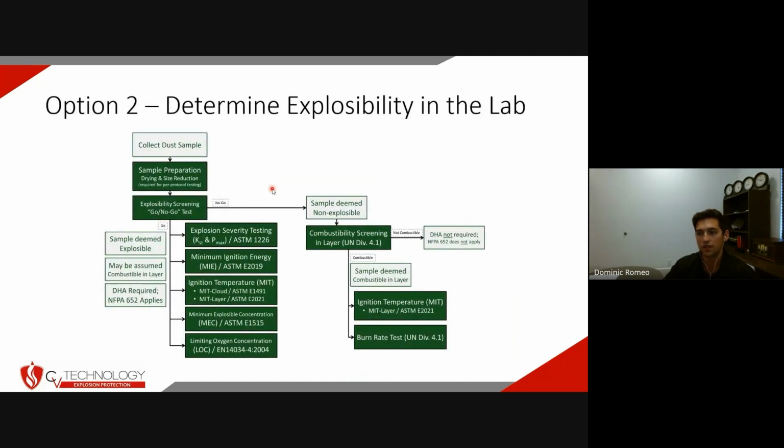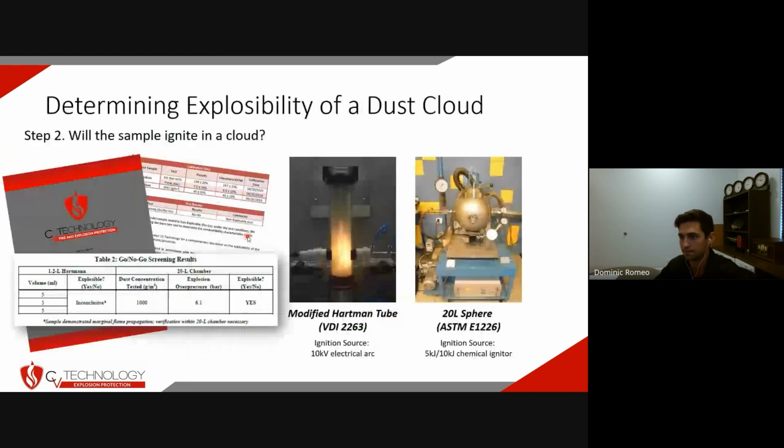And then moving down the list here, we're going to go to KST and PMAX testing. So down this way. And the first thing is you're going to determine whether your sample is explosible or not. And essentially what this is typically done in is a 20-liter Kuehner sphere over here.